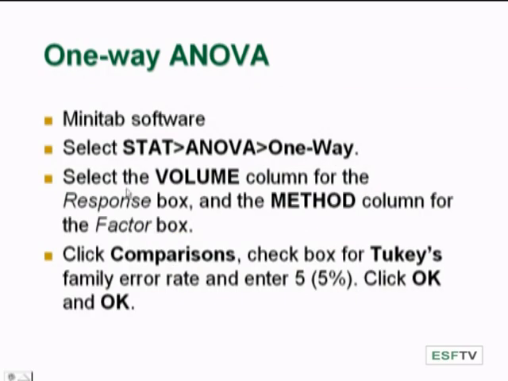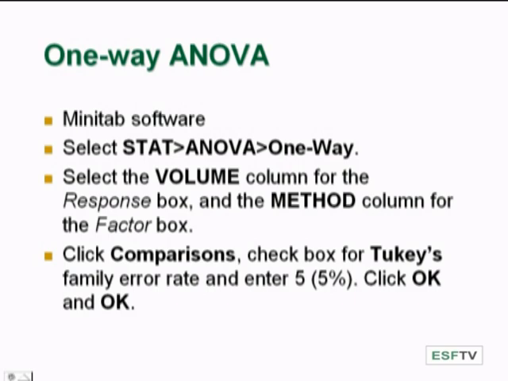This next slide shows you the steps in Minitab to get you to a one-way Anova. You are going to select Stat, Anova, and then one way. Notice that in the response box, you want to put volume. That's what we called our response variable.